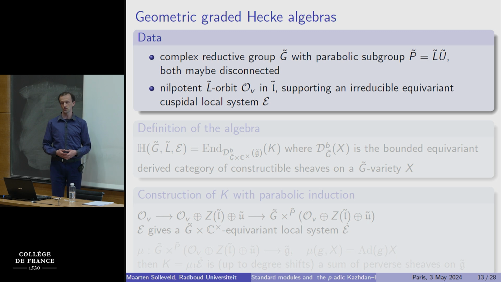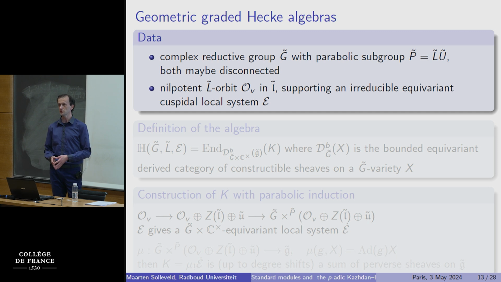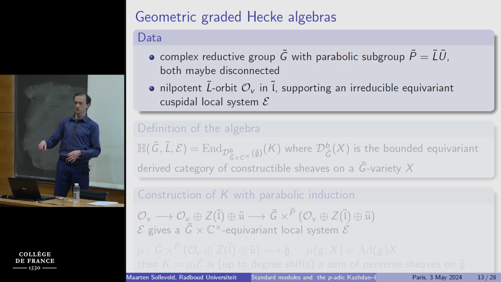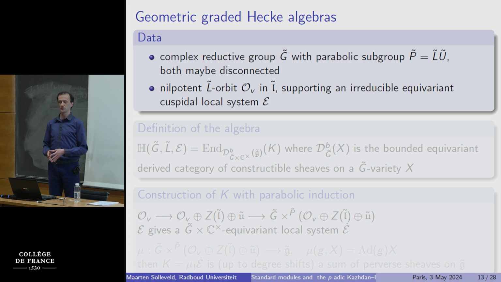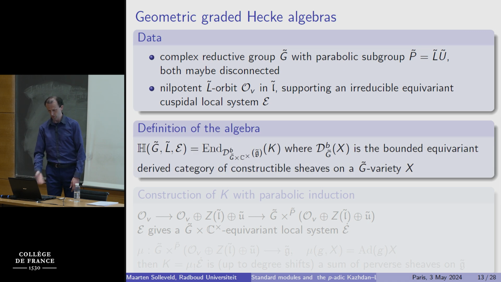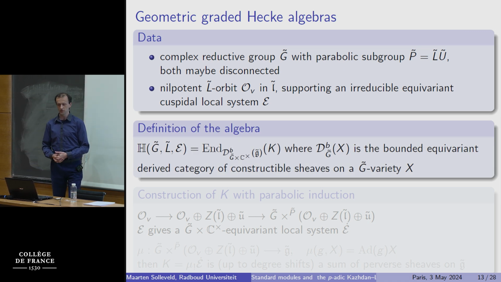Only later was it realized that you can also get them from a certain complex algebraic setting: you take a reductive group, you take a Levi subgroup, and on this Levi subgroup you take a nilpotent orbit, or in the Lie algebra of that, you take a cuspidal local system of that, and that turns out to be sufficient data to produce an algebra.